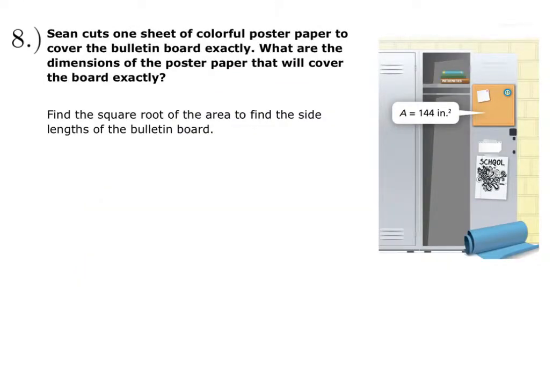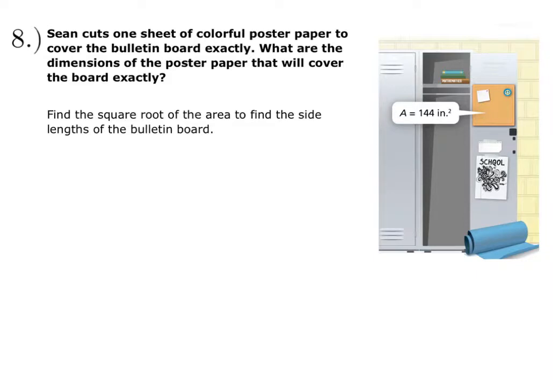Here is our next example, number 8. Once again, you do not have to write everything down. Let's read it and figure out what's important. Sean cuts 1 sheet of colorful poster paper to cover the bulletin board exactly. What are the dimensions of the poster paper that will cover the board exactly?